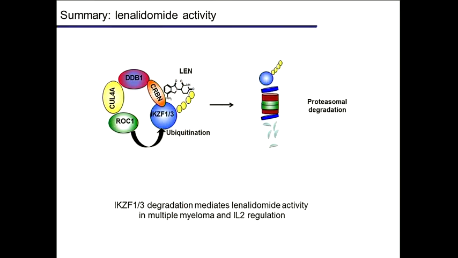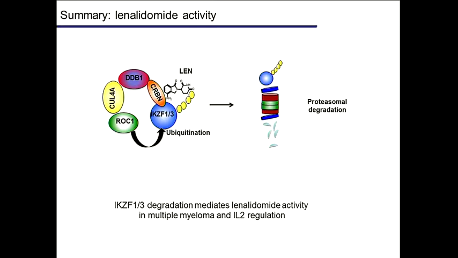And I didn't show you all of the details, but we narrowed it down to a single amino acid that mediated that interaction. So this is where we were at that stage. We found that lenalidomide was binding to this protein cereblon, or CRBN, which is part of an E3 ubiquitin ligase. When the drug is bound, we have increased affinity for IKZF1 and 3 that gets ubiquitinated, targeting these proteins for degradation through the proteasome.